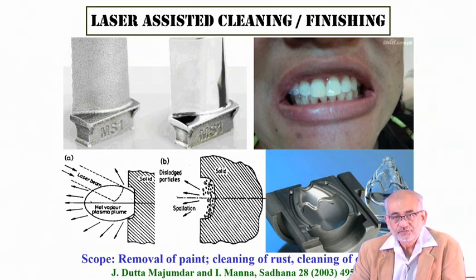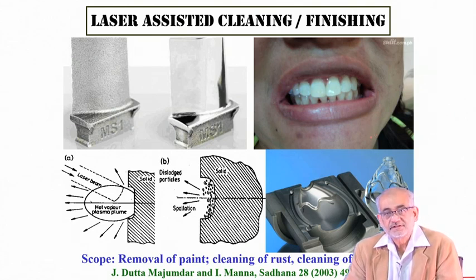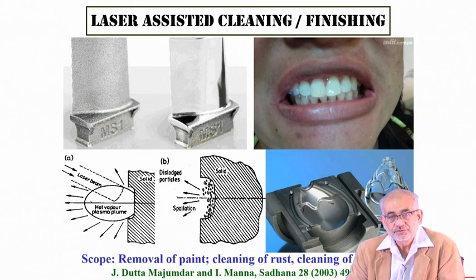So you have to remove those complex compound layers, and there is only one way to do it. You can't even use a soap solution because that will react and make a different kind of color. So the only way is to remove the oxide layer or the reaction layer from the surface by way of vaporization. And laser can do that very, very precisely. So indeed, laser is used for cleaning priceless art objects.